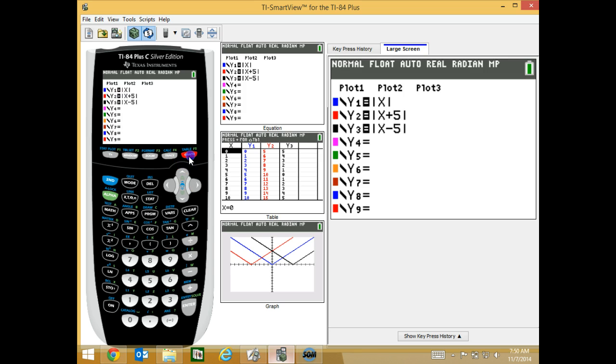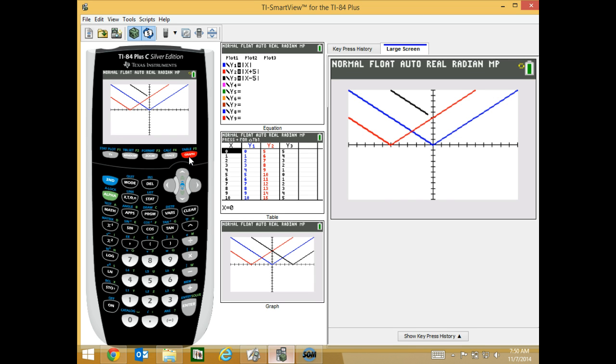So if I hit graph, here comes that third graph, x minus 5, and that takes the blue graph, the parent function, and moves it 5 units to the right. So numbers inside, that's a little bit counterintuitive to what you would think. If we add a number inside to the x, that's going to move it to the left. If we subtract a number inside with the x, that's actually going to move it to the right.